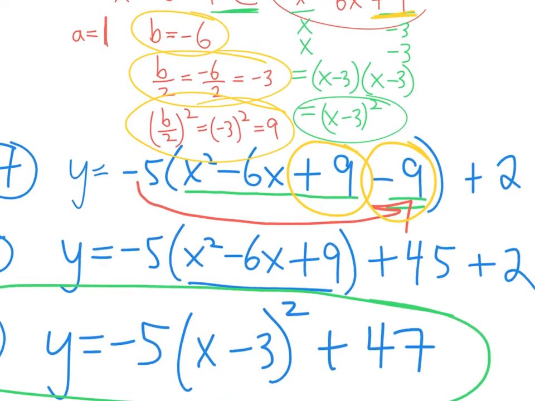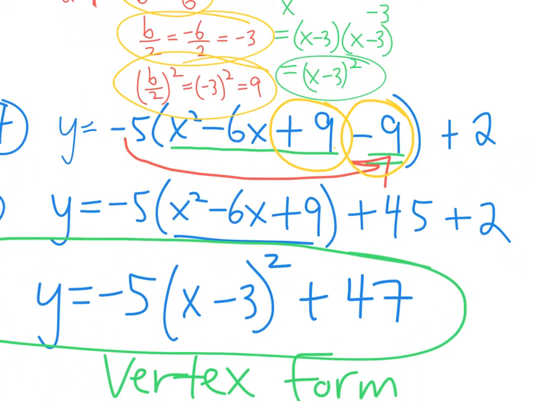And then recall that the 9 is not there, so we have to add it and subtract it to create the illusion that it's there, but also not there. And then by multiplying the negative 5 by the negative 9, we can remove it from the brackets, and the multiplication becomes positive 45 on the outside of the bracket, which with the positive 2 leaves us with positive 47.